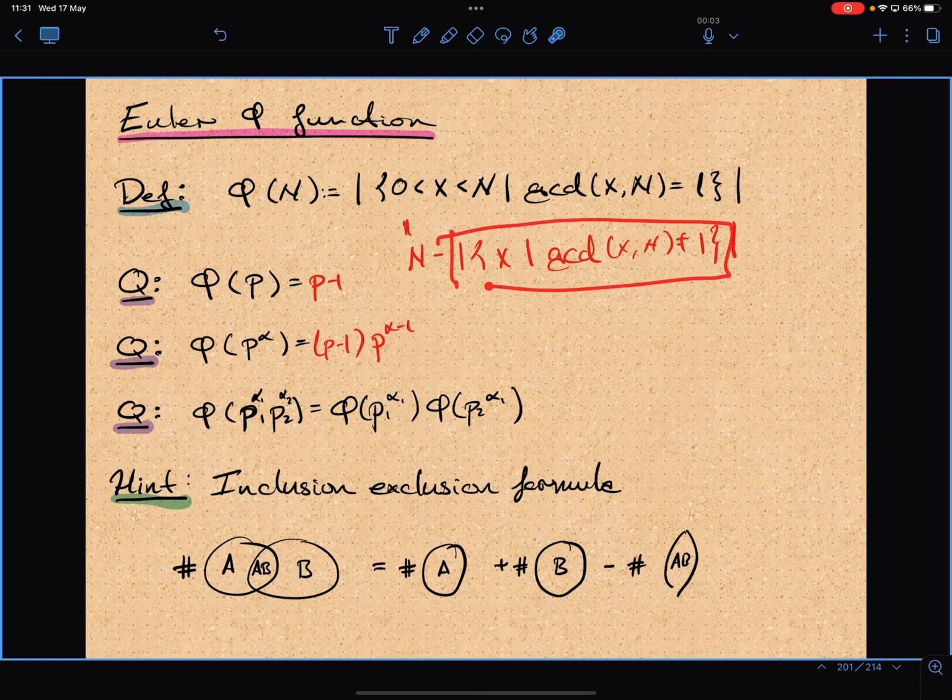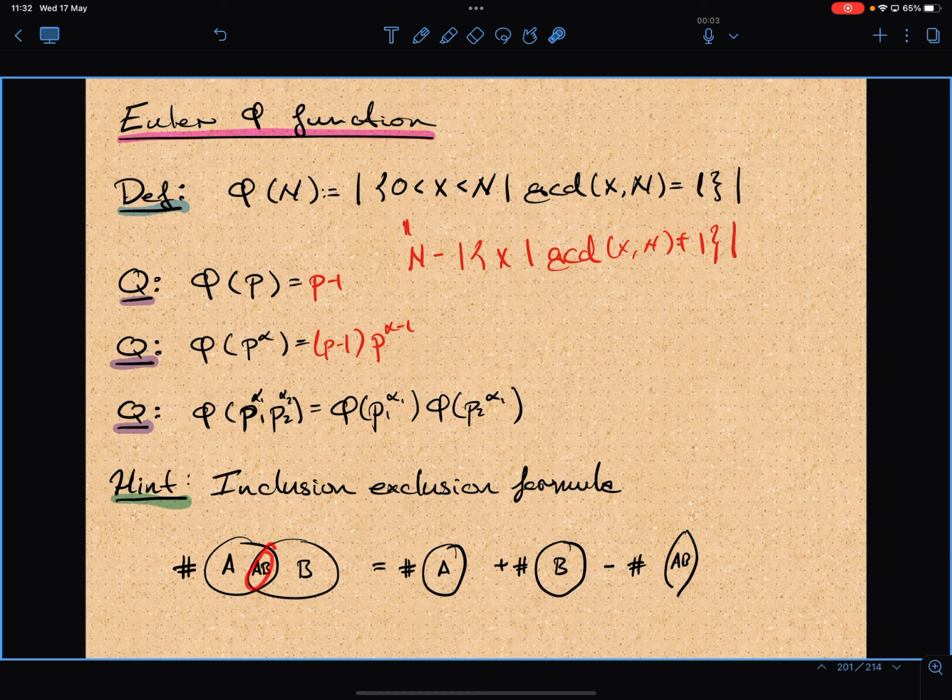So controlling this means that since it's a product of two primes, you're either going to have a P1 factor, A, or you're going to have a P2 factor, B, and you subtract those, but then you're double counting the elements that have a P1 factor and a P2 factor.